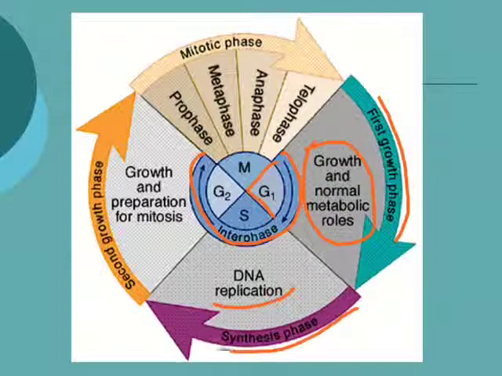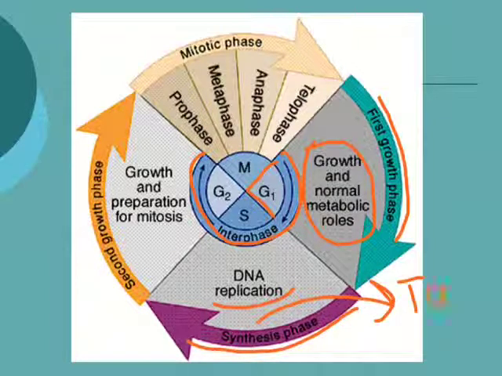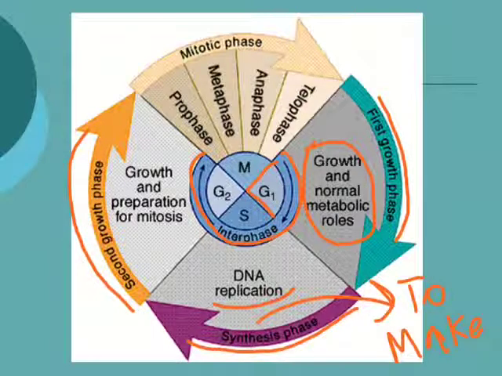We call that the synthesis phase, because synthesis means to make. Once it has made enough DNA for DNA replication, it goes through the secondary growth phase in preparation for mitosis, and we call that G2. So we have G1, S, and G2.